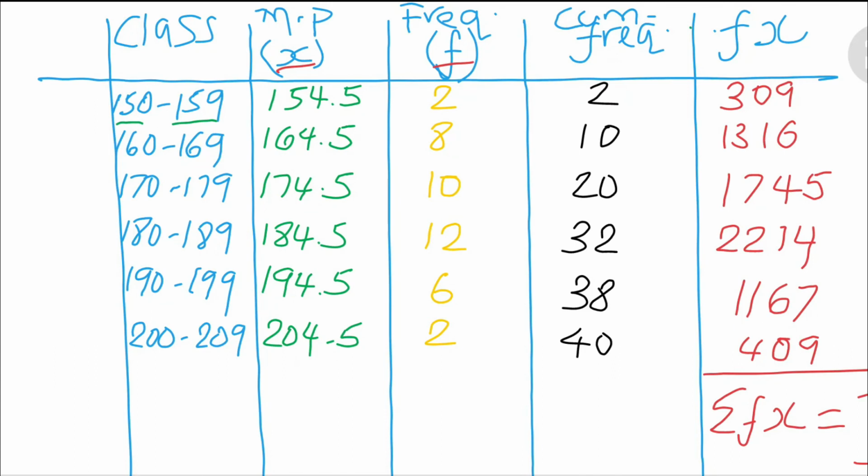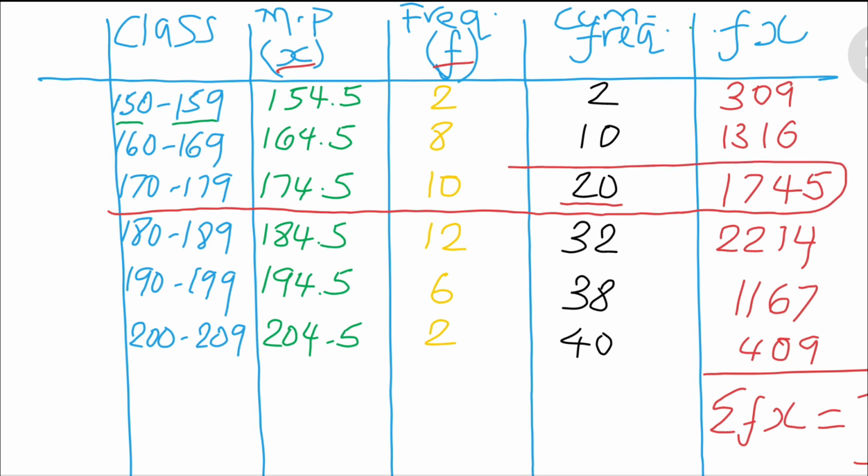Now, since n over 2 is 20, we shall consider the cumulative frequency. And 20, we can clearly see is already here. So we have our 20 there. So 20 goes with everything that I've circled.